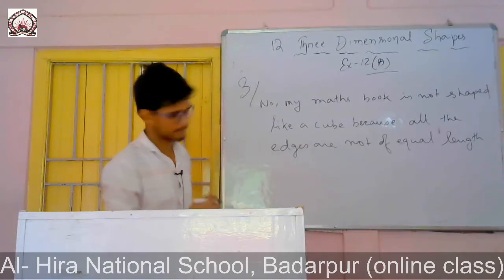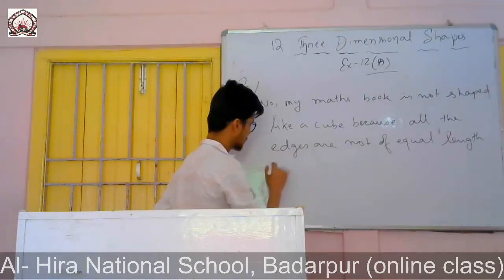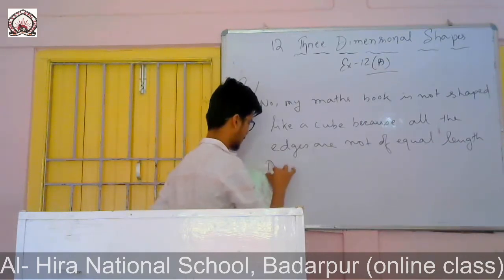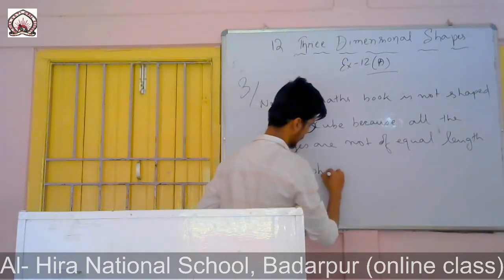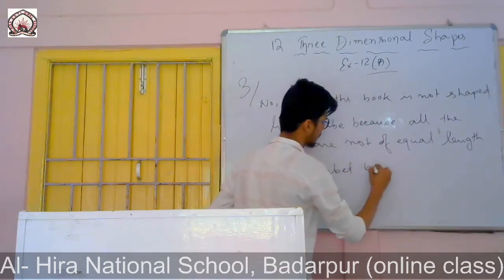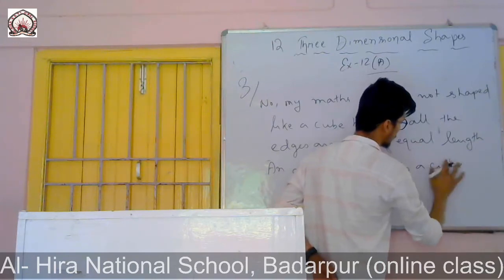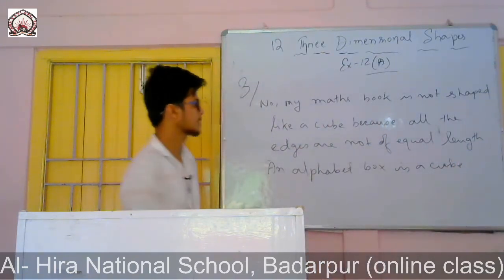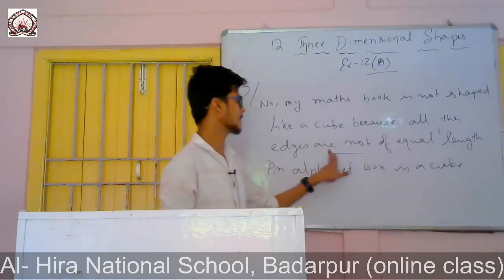So you can write, para change and write, an alphabet box is a cube. By changing para you write, okay, an alphabet box is a cube. This is one part answer, this is another part.